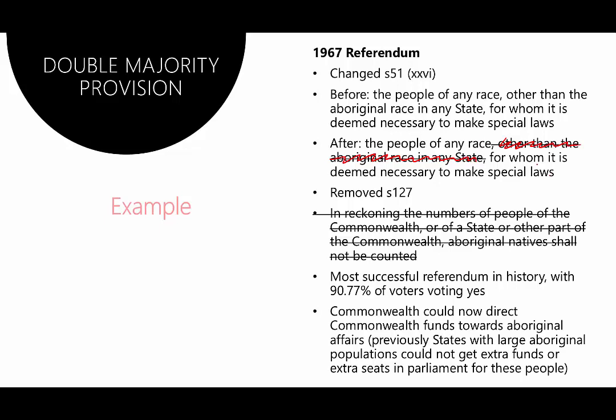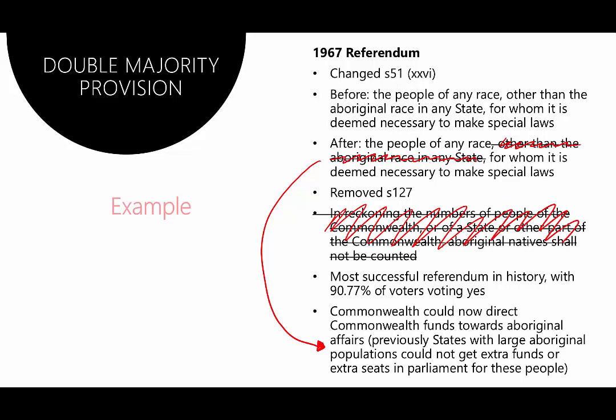And what that means is the Commonwealth has had the legislative power, the head of power now, to basically direct funds towards Aboriginal affairs. Previously, states with large Aboriginal populations couldn't get extra funds for this because, as well as removing that little section, we removed Section 127, which used to also state that Aboriginal people didn't count in the census.